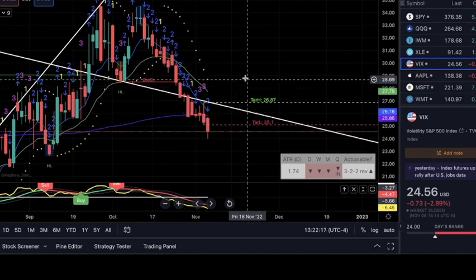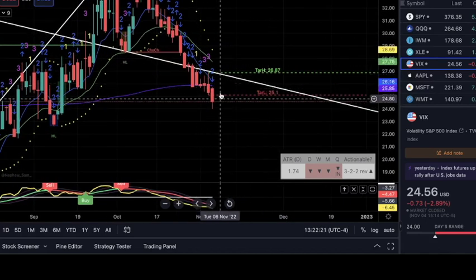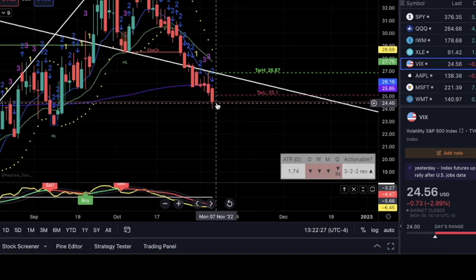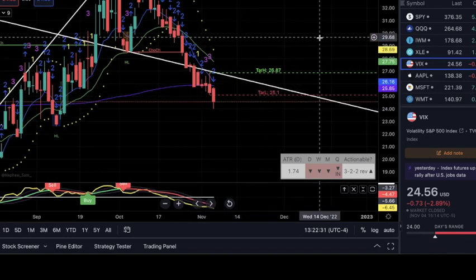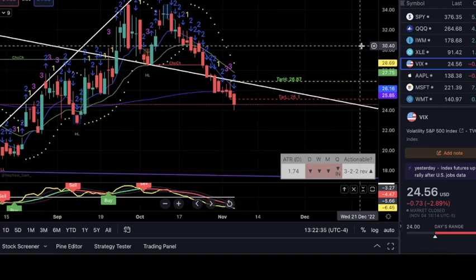Y'all know these work opposite of each other. So usually when the VIX is red, SPY is green, and vice versa. I would expect to look at this and the VIX would have been green, but it's not. So that's kind of a conflict in the sense of, which one do you believe?